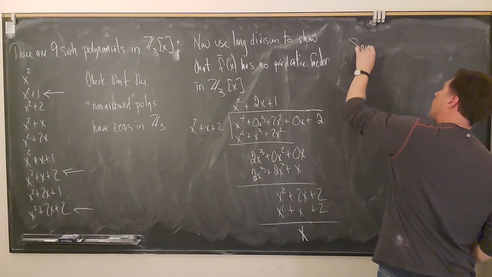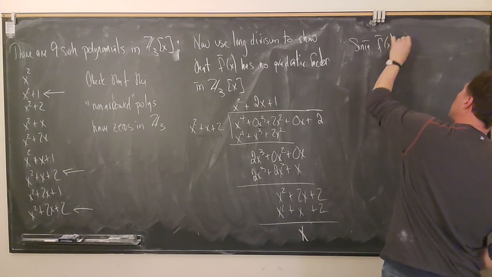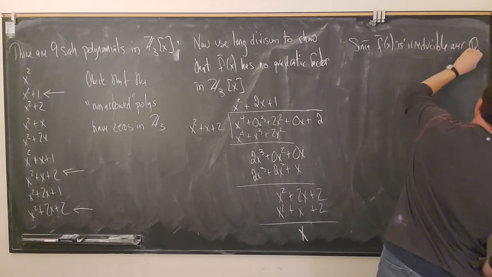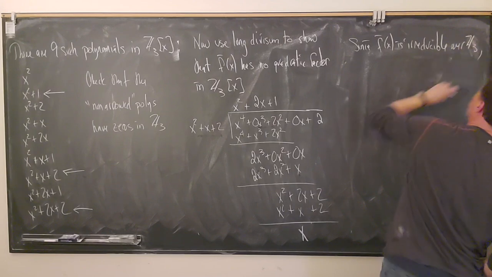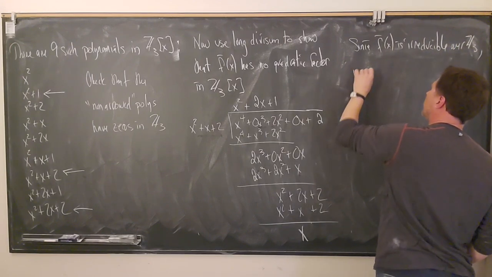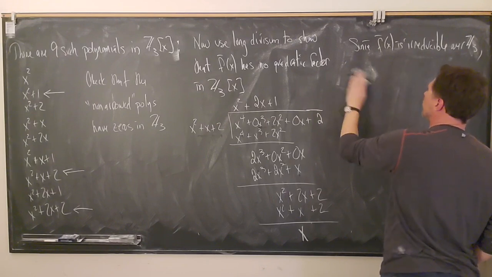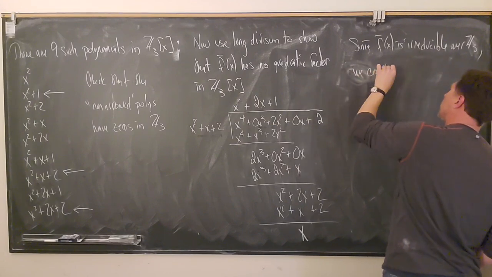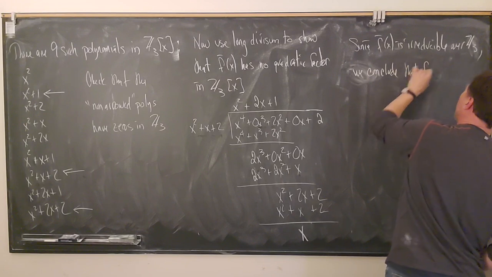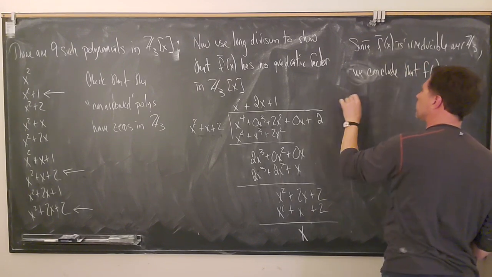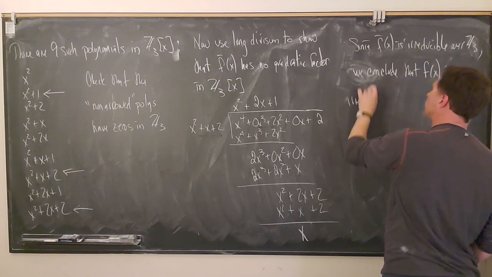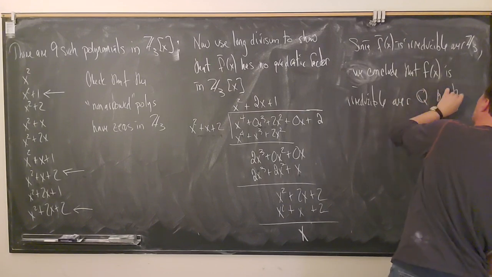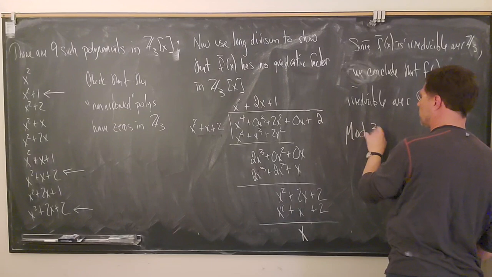So since f bar of x is irreducible over Z3, we conclude that f of x is irreducible over Q by the mod 3 test.